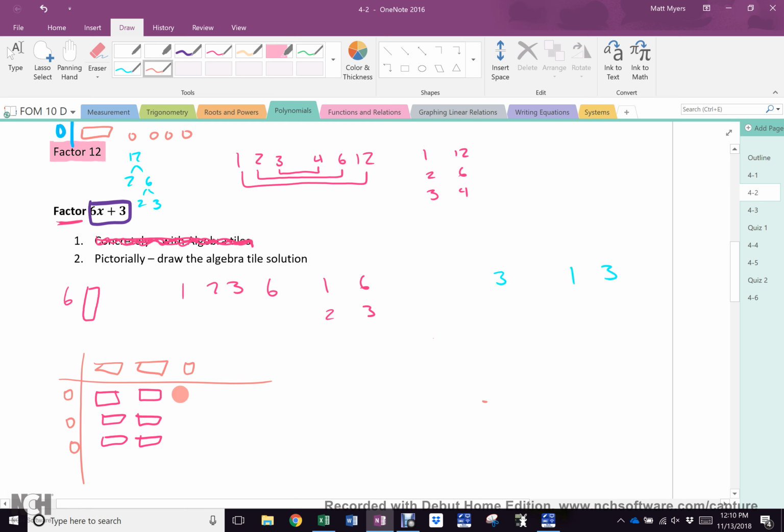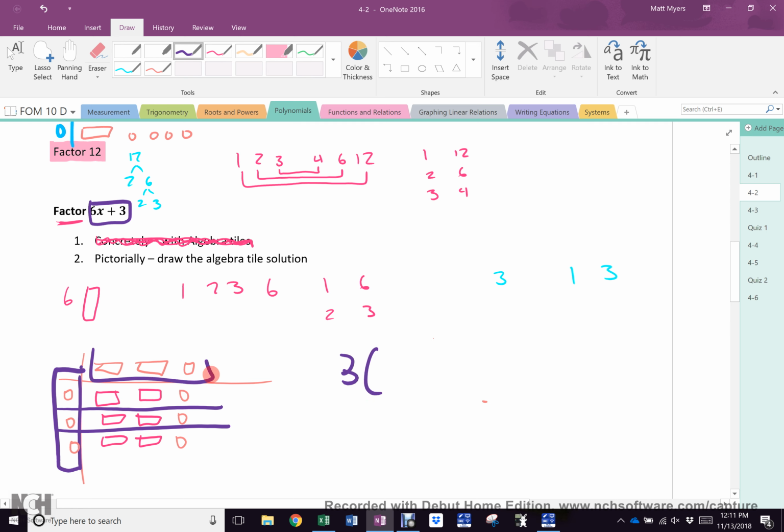Well, 6 x's, then 1, 2, 3, right? What has actually happened to my 6x plus 3? I have actually divided it by 3, haven't I? Everybody cool? Which must mean, if this factored, what is this factor worth? What's that? 3.